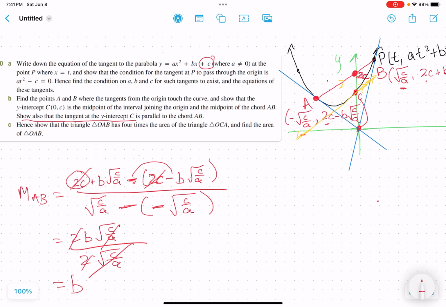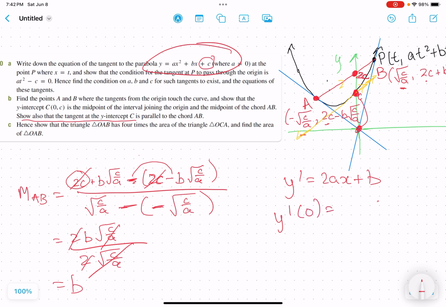All right, so what about the gradient of our curve? We did do it in the first question. However, it's okay, we'll just do it again. So I've got my curve up here. If I want my gradient function, I would just differentiate that. And then where do I want it at? I want the gradient when x is 0, right? At point C, the x value is 0.